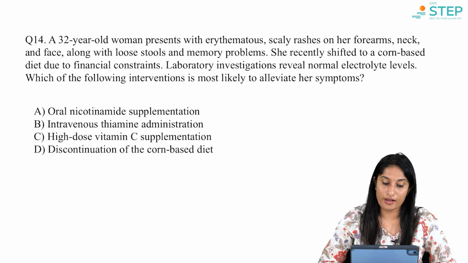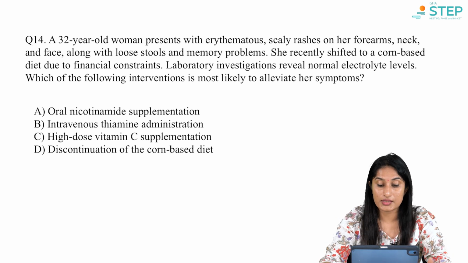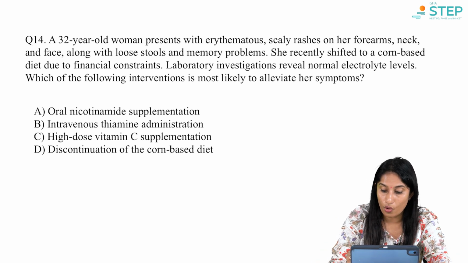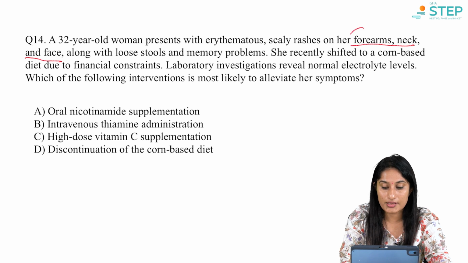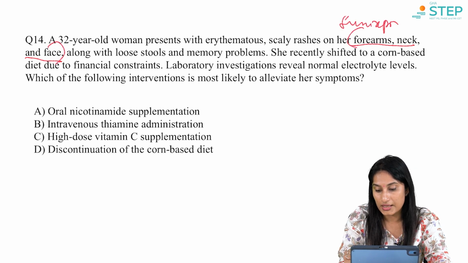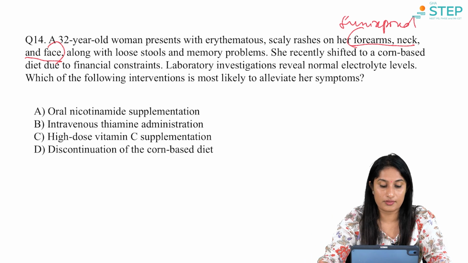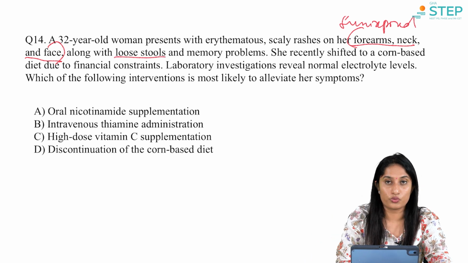Here we have a 32-year-old woman who presents with erythematous scaly rashes on the forearms, neck and face. What we understand here, let me write over here, is that these are the sun exposed areas, right, along with loose stools.